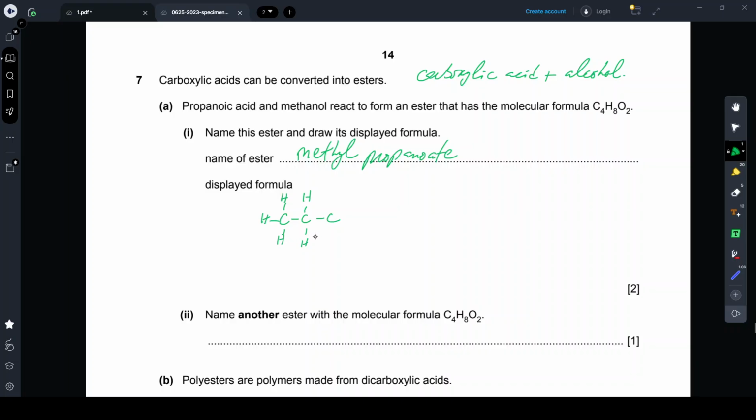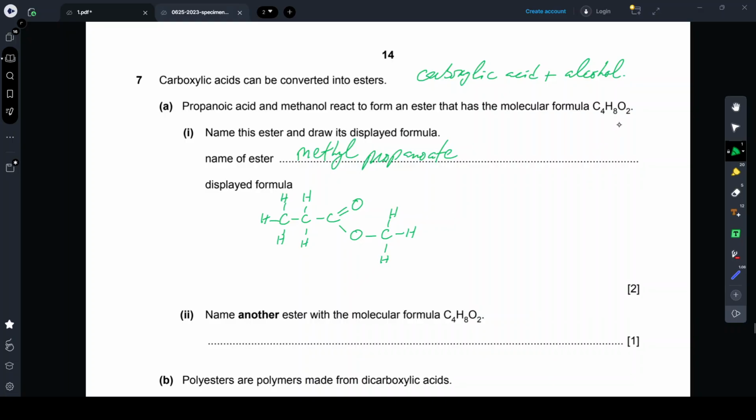First you draw that. The double bond between the C and O, and then a single bond, C O, and C H.